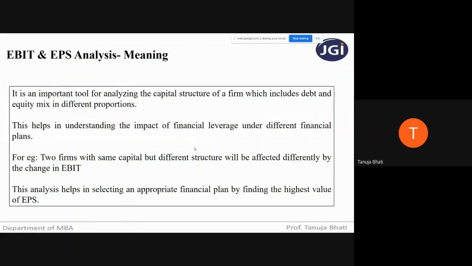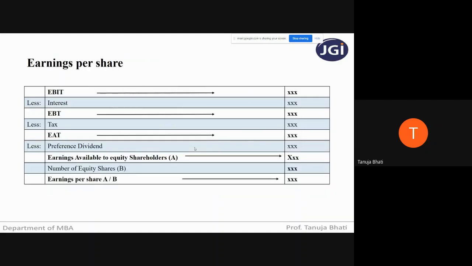So under EBIT and EPS analysis, you have several options or several financial plans or several capital structures which the company wants to use in raising the funds. So we have to recommend the company that particular capital structure or financial plan which has the highest EPS.